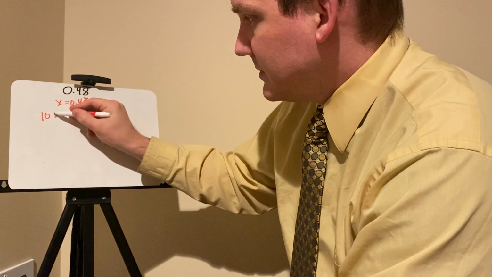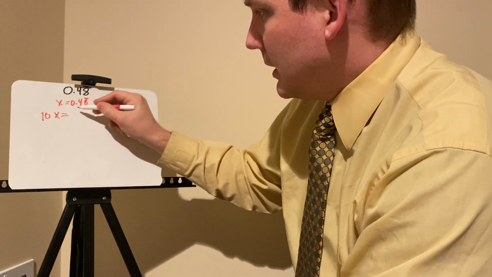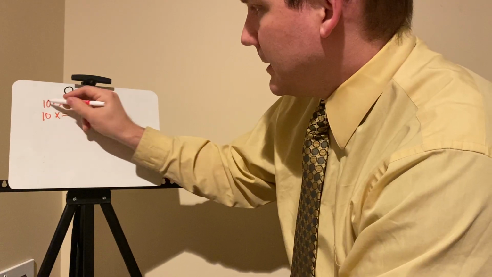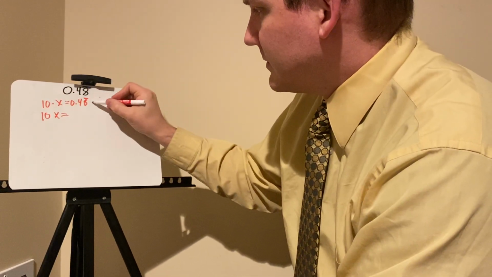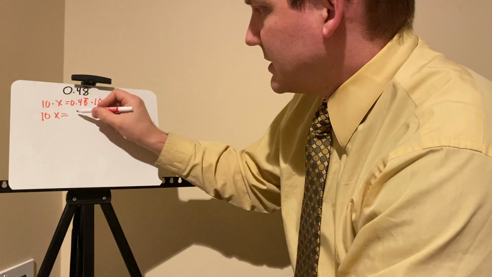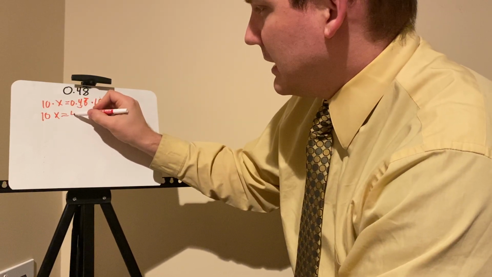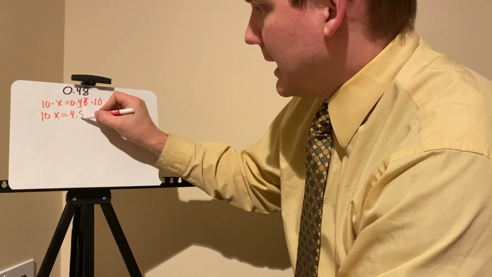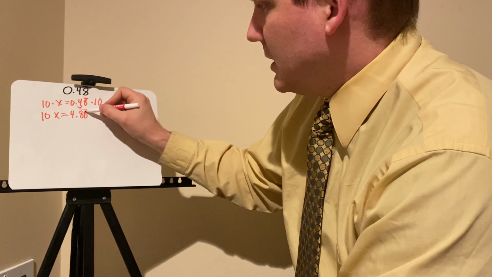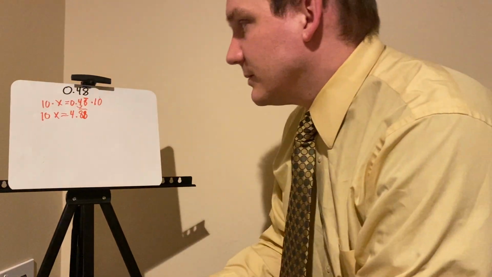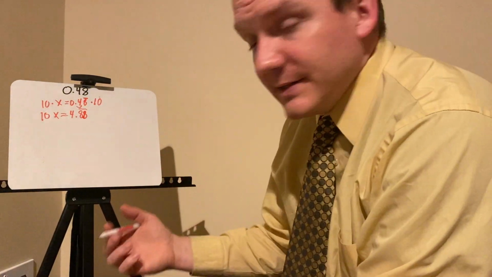So 10 times x is going to equal 0.48 times 10, which would be shifting it over 1 to the right. So this would be 4.8, and you can actually do 4.88 repeating, and it would continue on like that, because I multiply by 10. Now I can subtract.